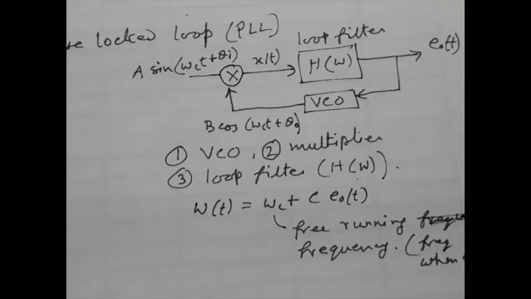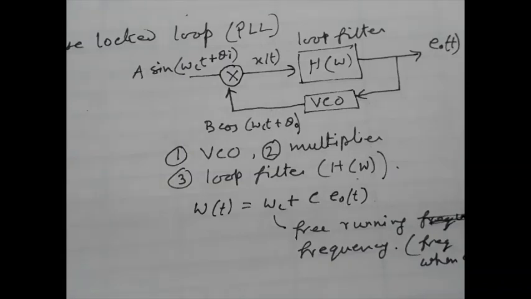The operation of the PLL is similar to that of a conventional feedback system. In a typical feedback system, the signal feedback tends to follow the input signal. If the signal feedback is not equal to the input signal, then the difference is called the error.